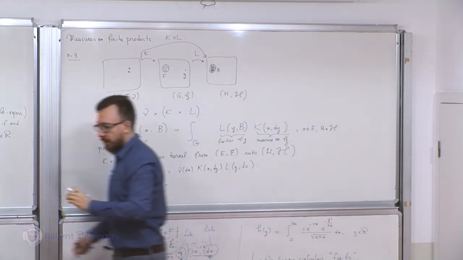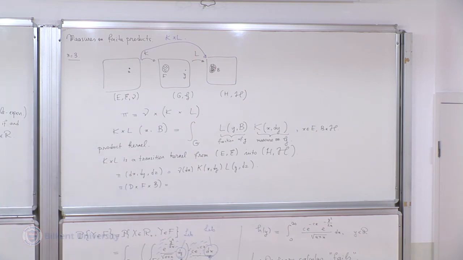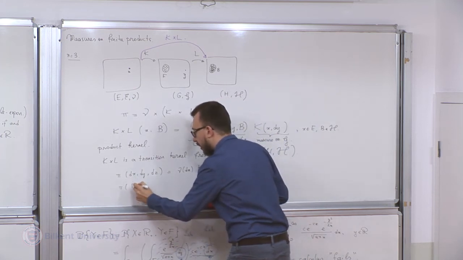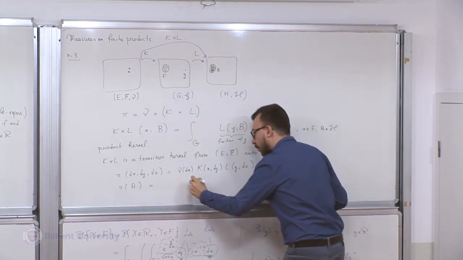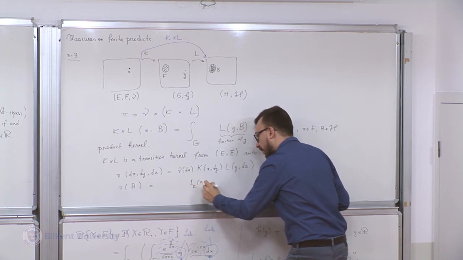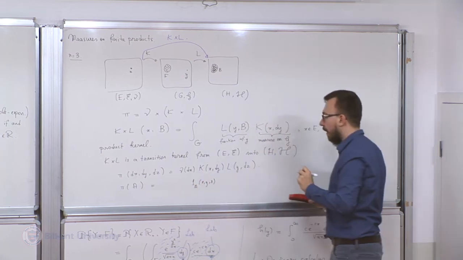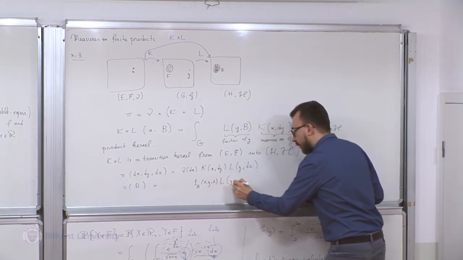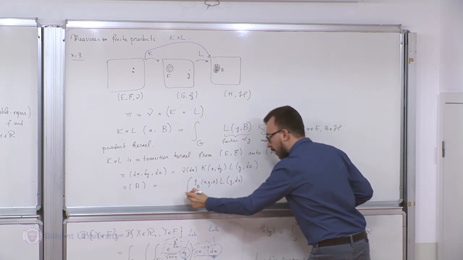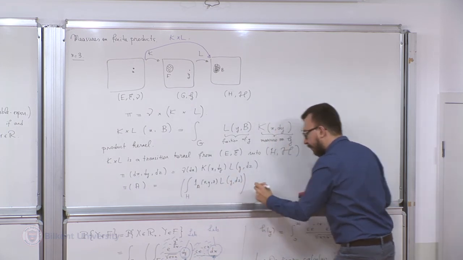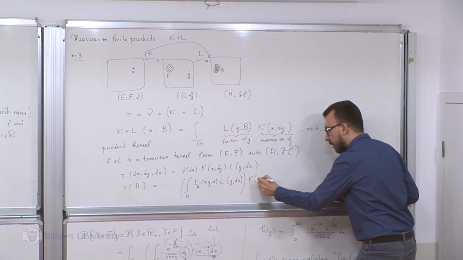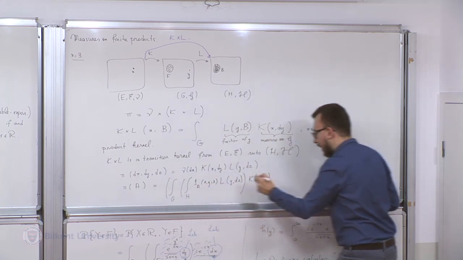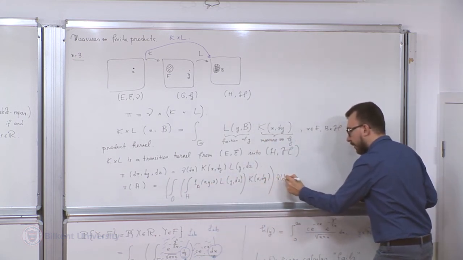Or let me write it for a general set, just some set A in the product sigma algebra. So what do we need to do? We need to integrate this with respect to the last variable, and then the second variable, and then the first variable.